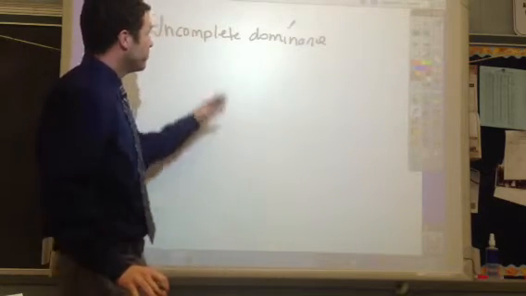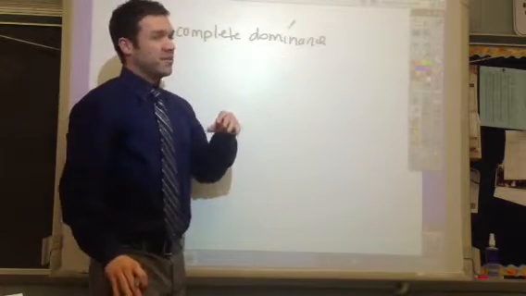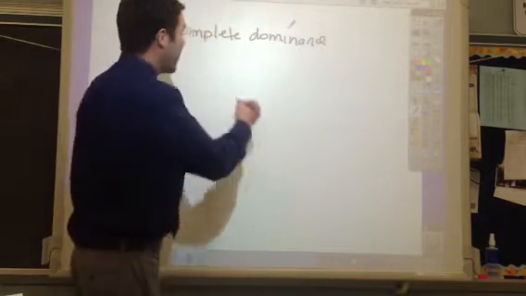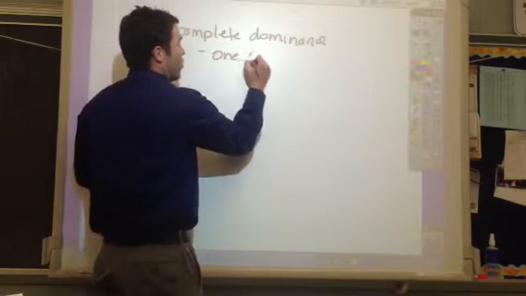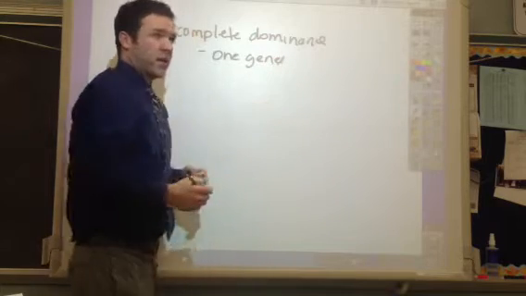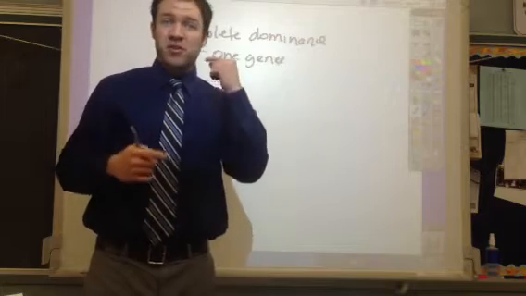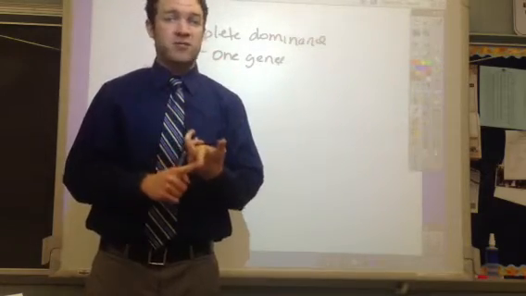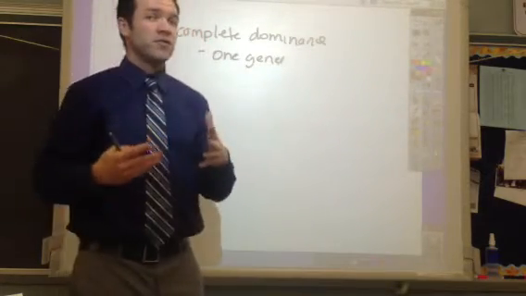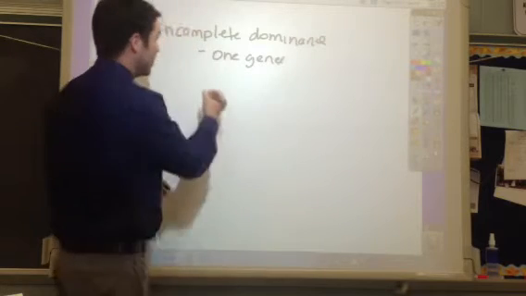Incomplete dominance is when you still have one gene. We're used to the fact that there's one gene, such as earlobe attachment. There's a dominant form and a recessive form, but in incomplete dominance, there is no such thing as dominant and recessive.